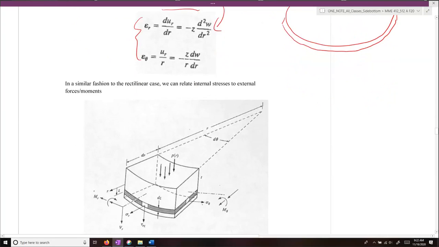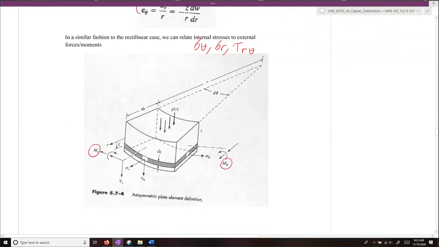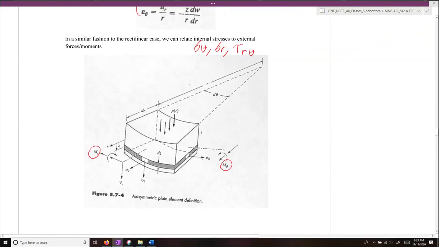And then just like we did in the rectilinear case, we can relate the internal stresses, sigma theta, sigma r, and tau, I think tau r theta, to our external forces and moments. So we have m of theta, m of r, and maybe there's an m of theta somewhere. Maybe not. There might not be an m r theta in this case.